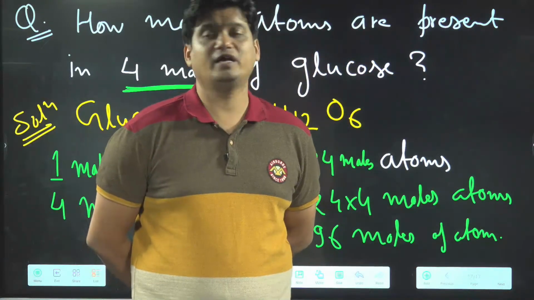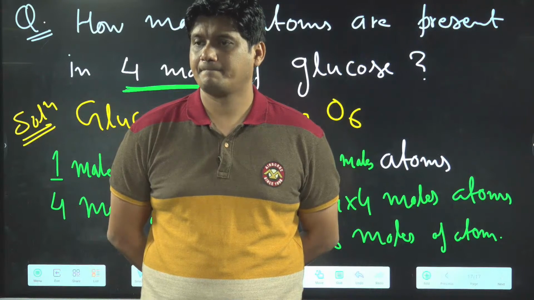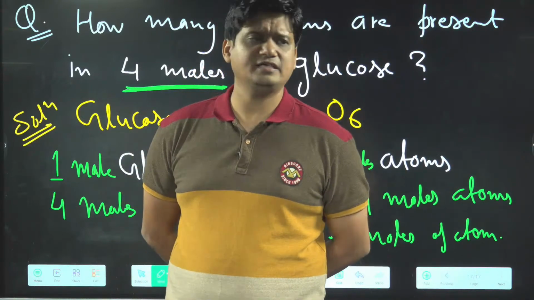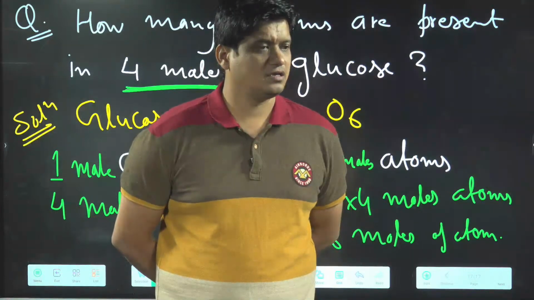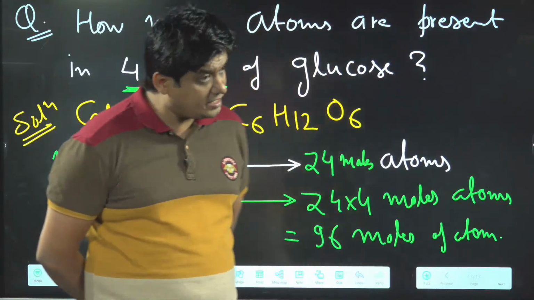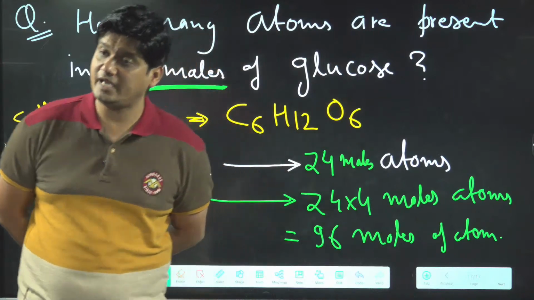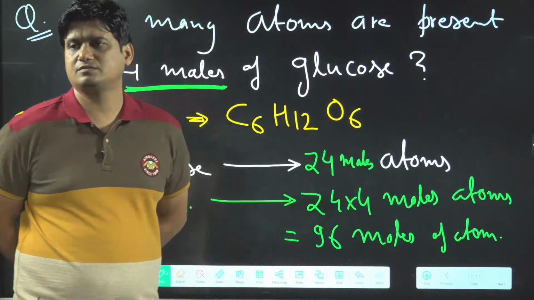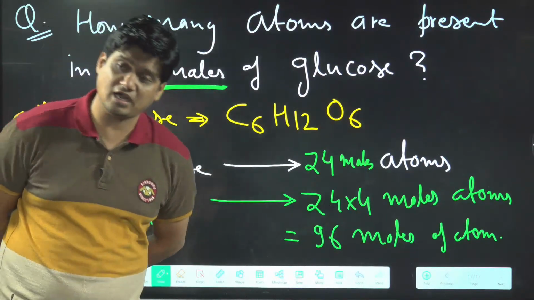And at that point we are mistaken. Because if we are saying 96 is the correct answer, it means we are saying the number of moles is 96.